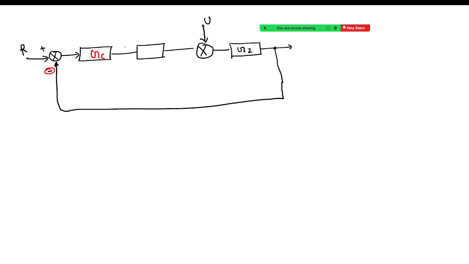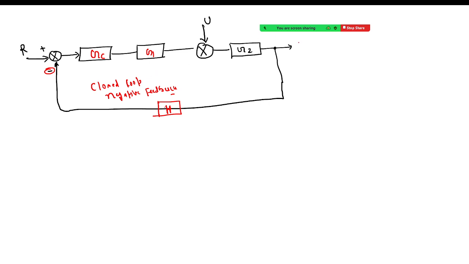So let's say GC is there, G1 is there, right? And here I'm assuming a measuring instrument having a transfer function H, right? Now, this is called the closed loop negative feedback, right?